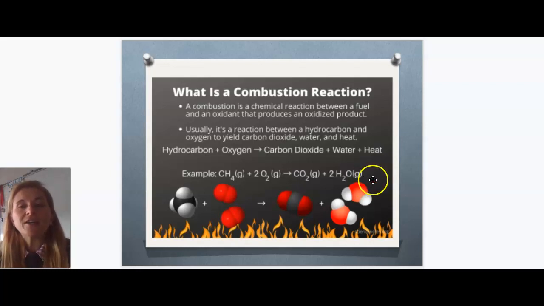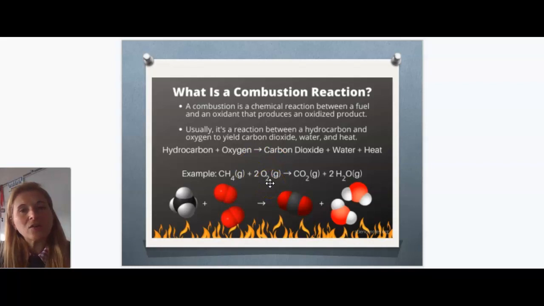But what a combustion reaction really is, is a hydrocarbon. What that means is carbons with hydrogens attached to them. There can be other things involved too, but it's a chain of carbons with hydrogens attached in different ratios. Here we're looking at methane, which is 1 carbon and 4 hydrogens. And it's always in the presence of oxygen.